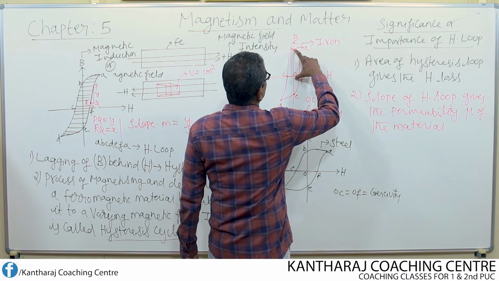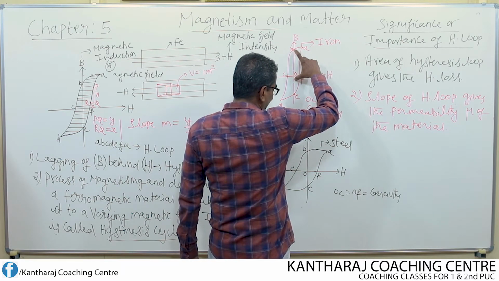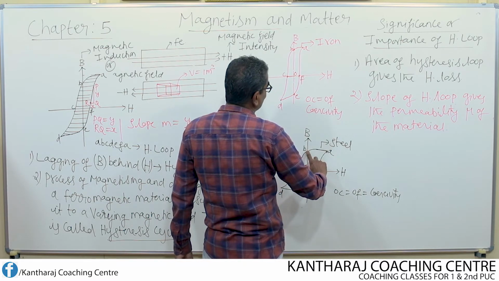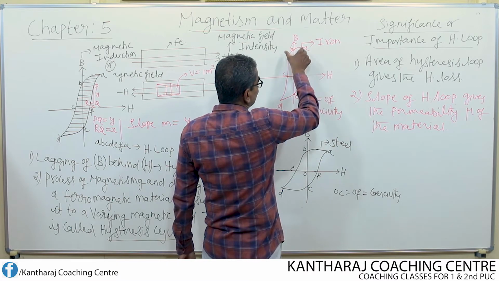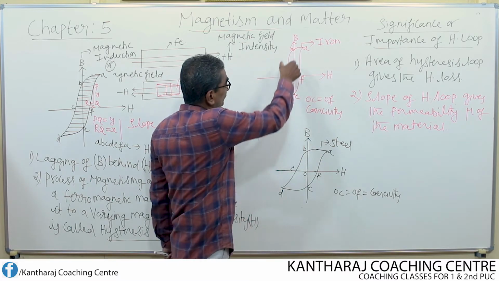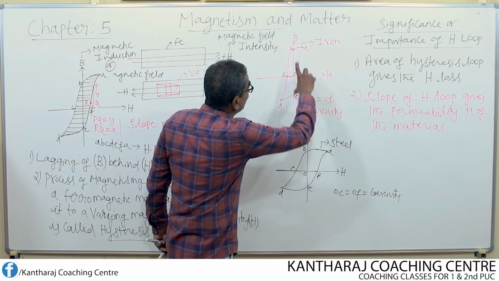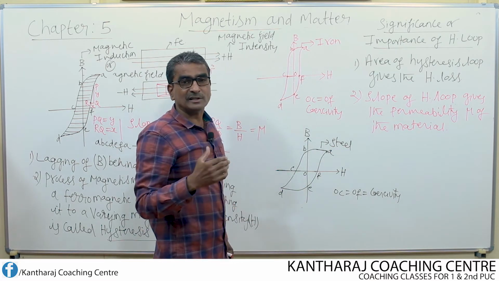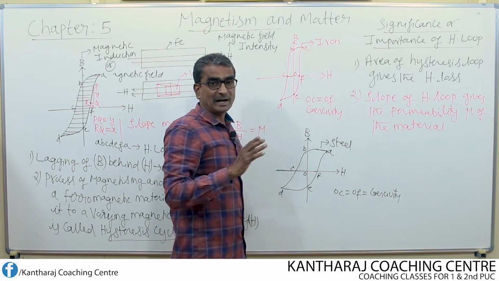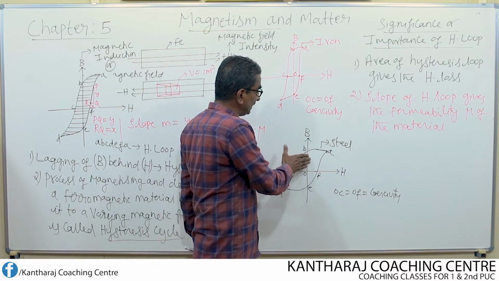It is found that retentivity is large for iron when compared to steel. See, this is large, and this one is very narrow, so it is broad. Therefore this is small when compared to this. So this clearly shows that iron can be magnetized more strongly than steel.